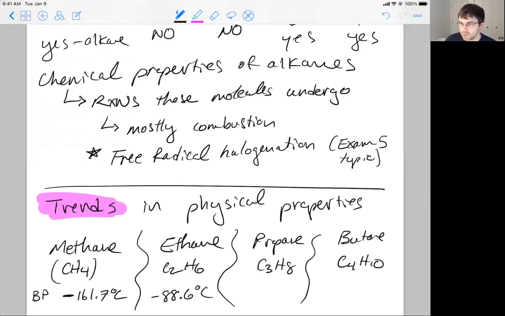Where is propane and butane? It's not in my notes. That's okay, I'm lecturing, I've got access. It's not in my notes, so we're going to use Google. Propane is minus 43.6 degrees Celsius, and butane is 30.2 degrees Celsius.